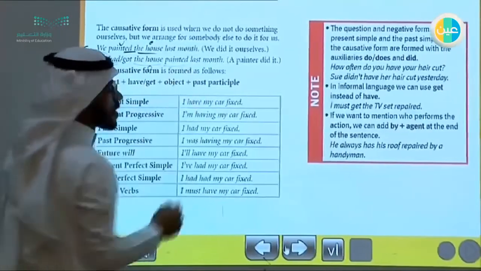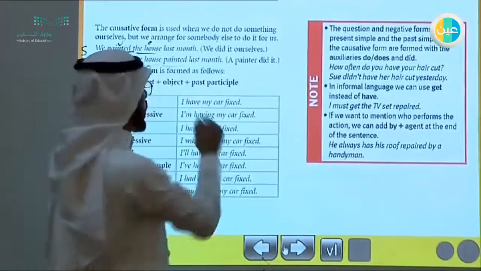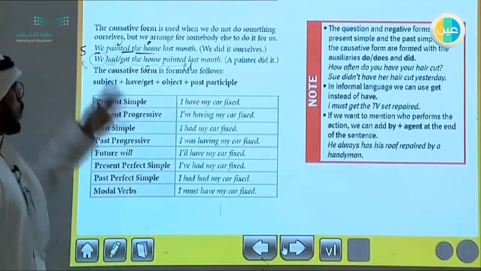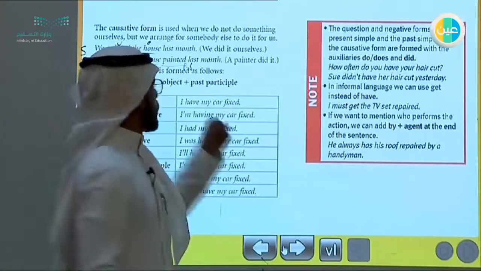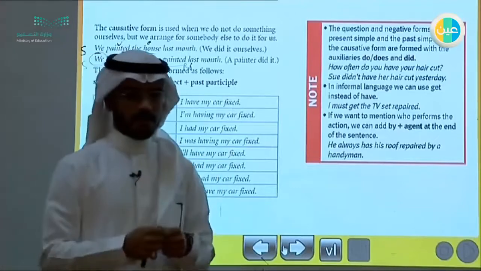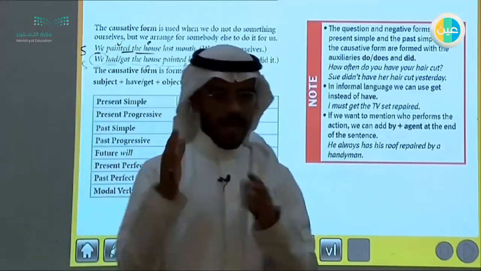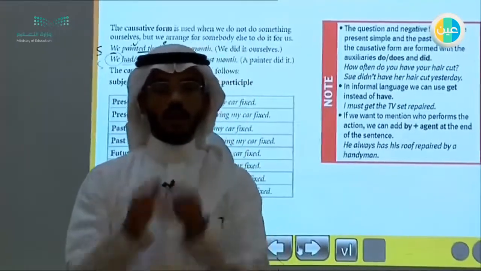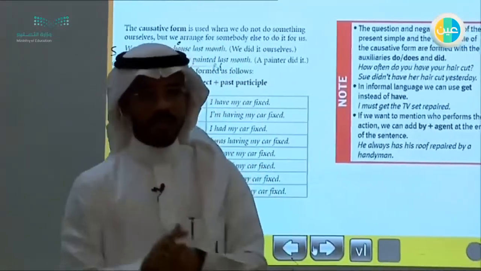The verb is in past participle. So when you use a causative form, add the subject, and after that, have or got or get.